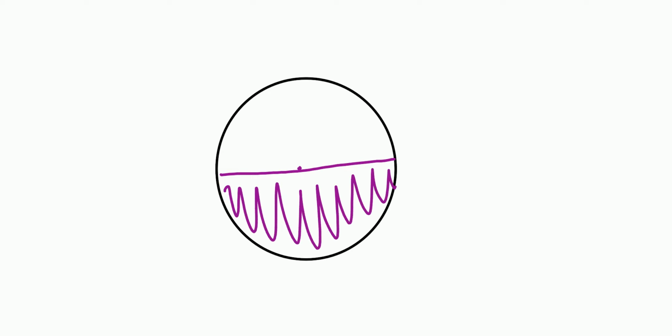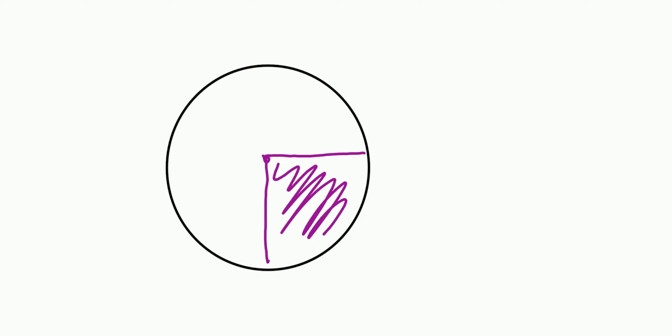Some common sectors that we see are, this was my center, a half of a circle is a semicircle, and a fourth of the circle would be the quadrant.